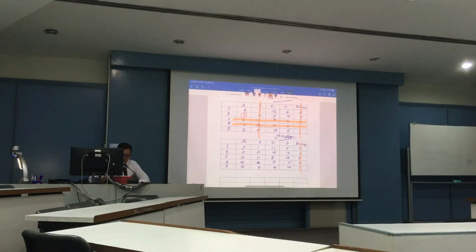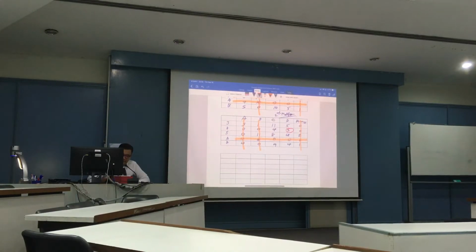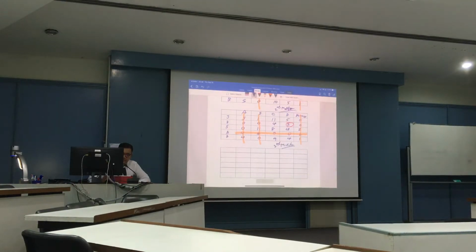This one, this one, this one, and this one. Right? 4. So we modify again. This is the third modification. It depends on the pattern that you draw. Sometimes you draw a different pattern and you finish.